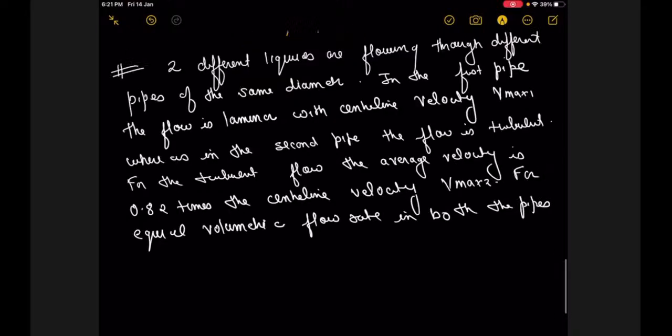The ratio V max 1 divided by V max 2 is? Okay.